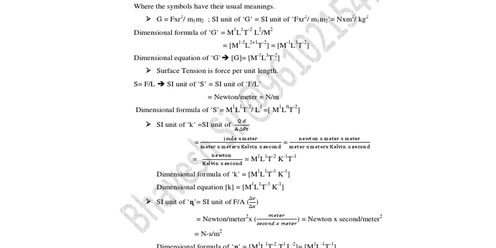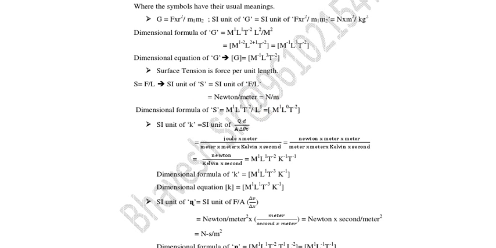Now the second physical quantity is surface tension. SI unit of surface tension is Newton upon meter. What is surface tension? It is a force per unit length. So SI unit of S is equal to SI unit of F by L. For F use Newton and for L use meter, so Newton upon meter.